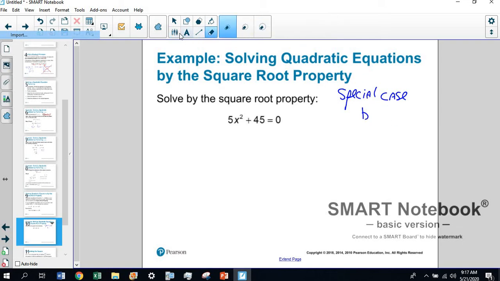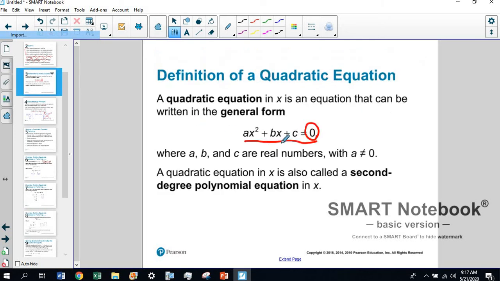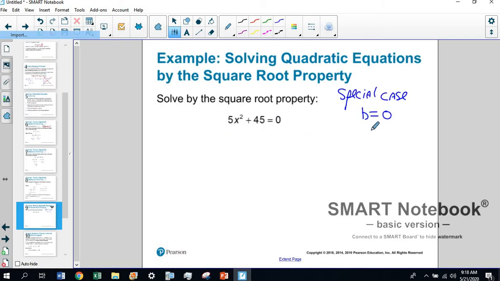Okay, so remember the general form of a quadratic is ax squared plus bx plus c. And so if there's no b, if b is equal to 0, then there's no x term. So if there's no x term, all right, we use what is known as the square root property. And the square root property just basically says, this is the special case, right?